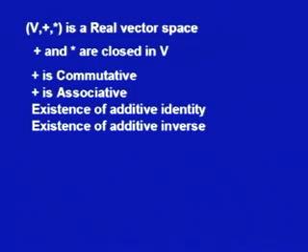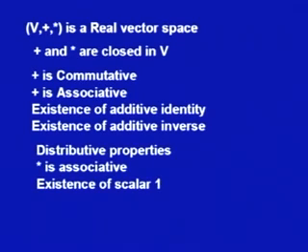Further, the existence of additive identity is there in the set V and existence of additive inverse is also there in the set V. As far as the scalar multiplication star is concerned, it satisfies distributive properties with respect to vector addition, and star is also associative, and there exists a scalar 1. If all these properties are satisfied, then V, plus, star is a real vector space.